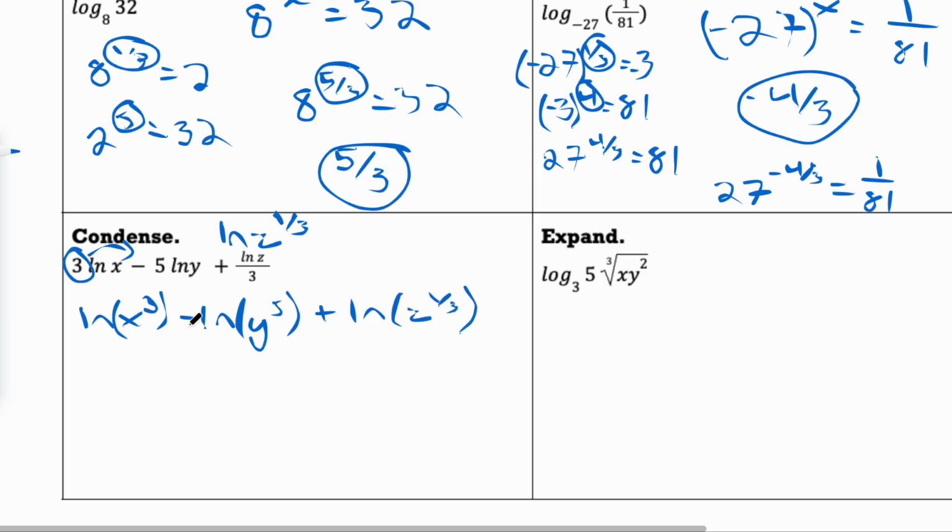Now here we're subtracting, so we're going to be dividing. We're going to have ln of x to the 3rd over y to the 5th.